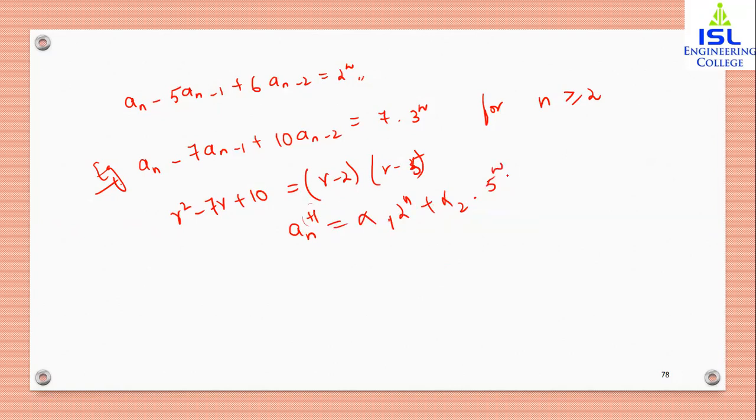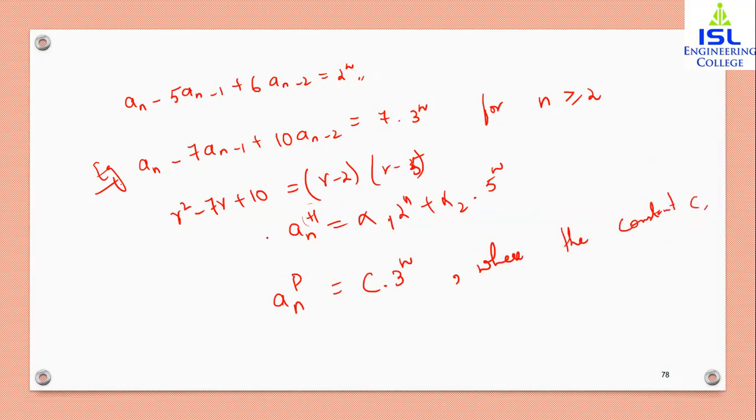Now after that, since we have 3 power n over here, and it is not a root, we take a trial solution a n of p, the particular solution. This can be written as c into 3 power n, where the constant c we have to find.